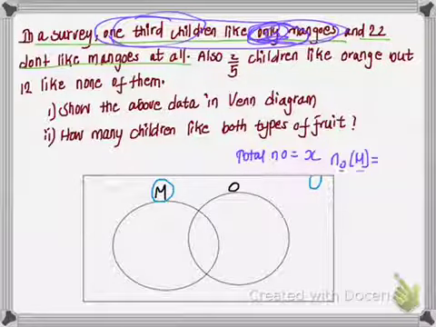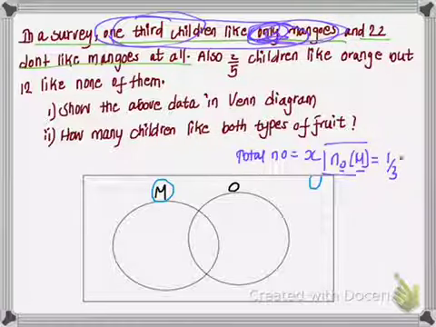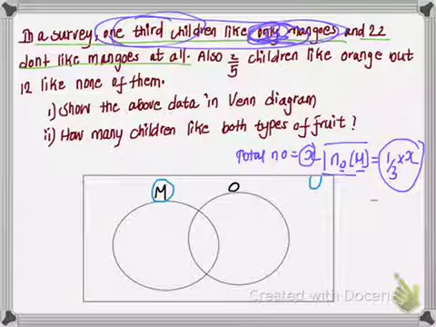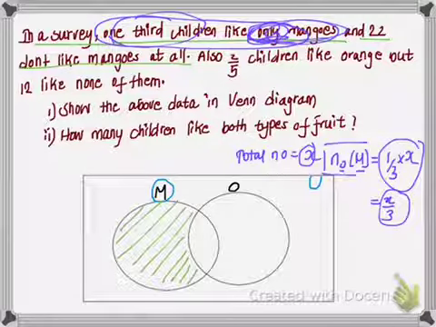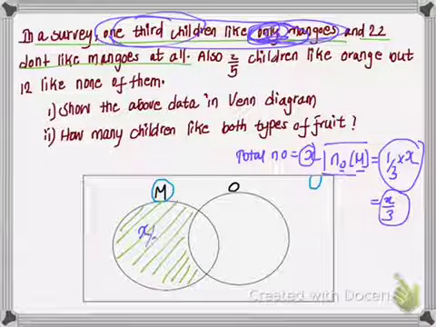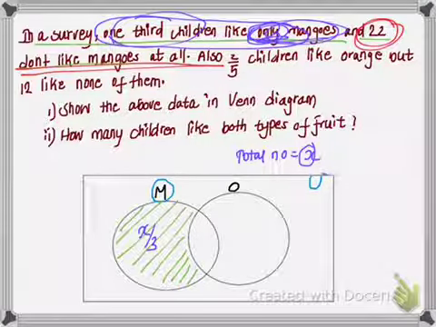So n(only M), the number of students who like only mangoes, is 1/3 of the total number, which is X. So it gives X by 3. So X by 3 children like only mangoes. So I'm going to insert it over here, X by 3. And 22 don't like mangoes at all.